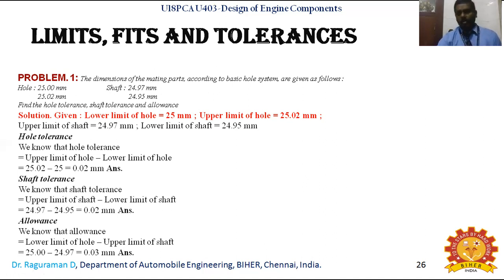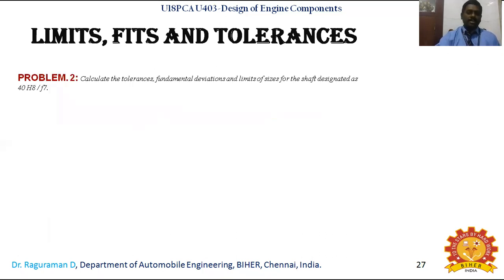Now we will see one more problem that shows how to make use of tables. As we have seen, there is an IT tolerance grade. You can see the indication like this in the problem. So the designation 40 is for the diameter of the shaft, 40 mm diameter, and you are going to consider tolerances at the micron level.